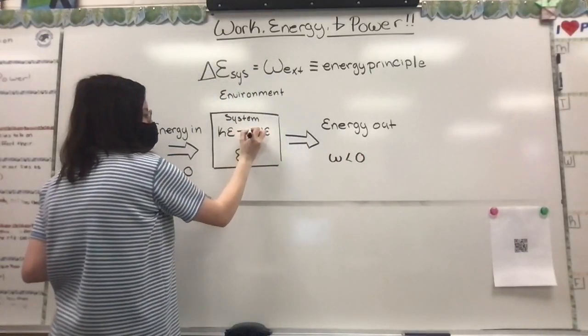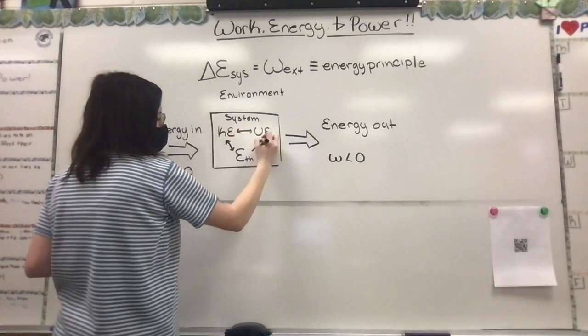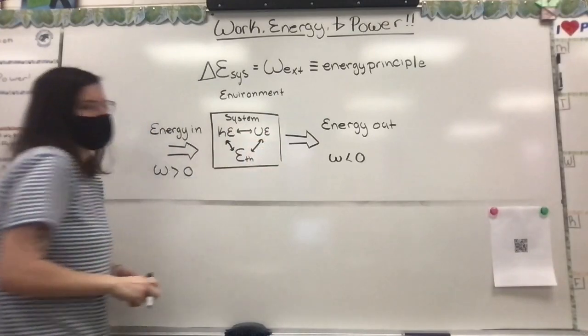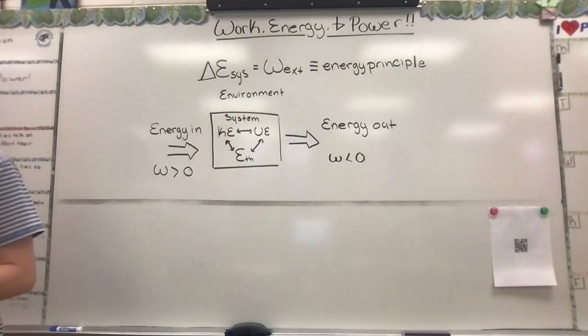And what happens within the system is that the energy is transforming from one thing to another. This is just a visual representation of what's going on. You've probably heard about chemical and heat energies, but we're not worried about those right now. And yes, heat and thermal energy are two different things.